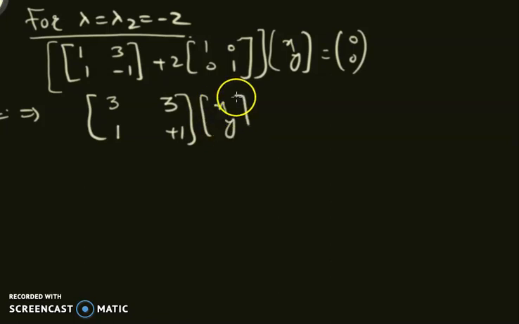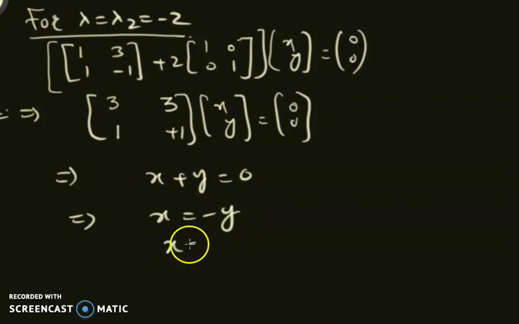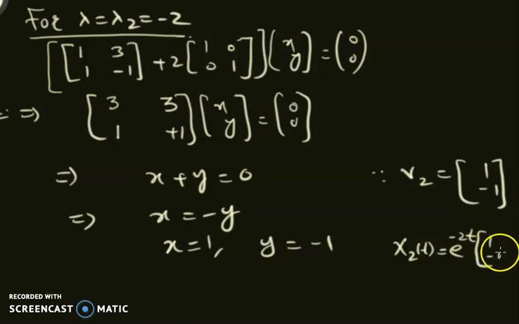So this is (x, y) equal to (0, 0). It is not hard to show that x plus y is 0, or you can say that x is minus y. So if you set x to be 1, then y is going to be minus 1. Therefore v2 is going to be (1, -1). Hence x2, the other solution, is e to the minus 2t times (1, -1).